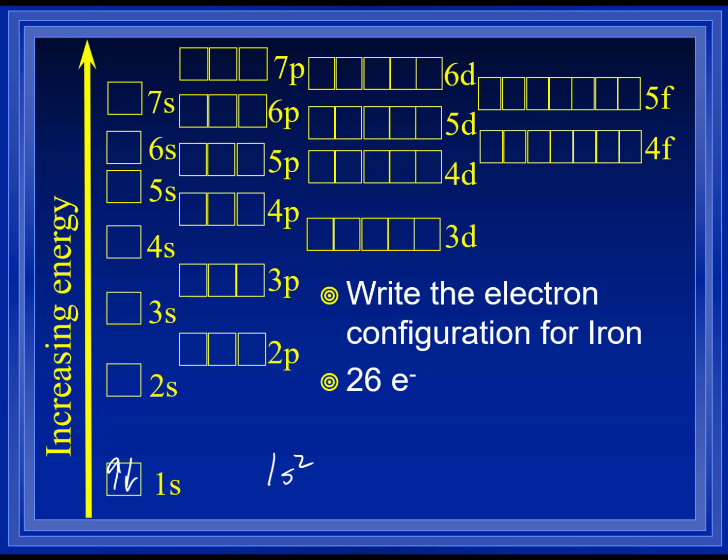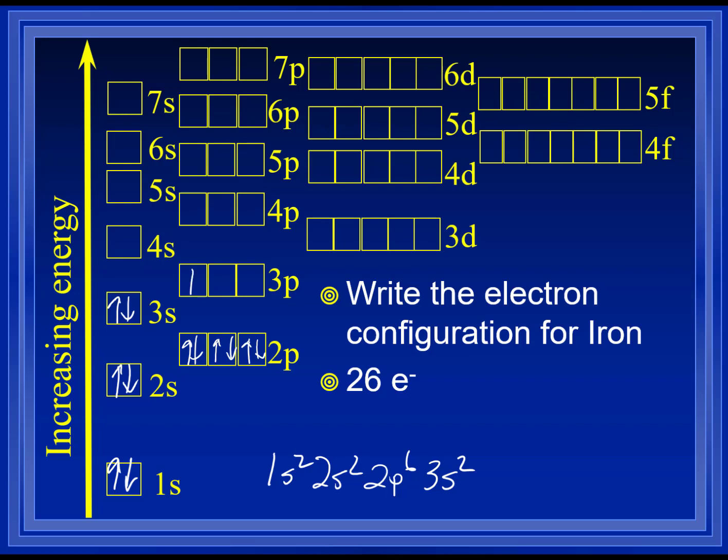Then I work my way up. 2s2. That's 4 of my 26. Next ones are going to go to 2p. 1, 2, 3, 4, 5, 6. So 2p6. And then 3s can hold 2. That's 12, almost halfway there.